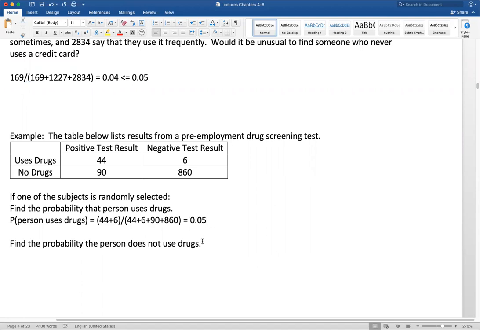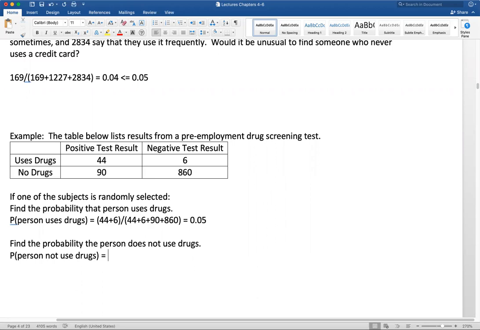By the way, what's the probability that a person does not use drugs?